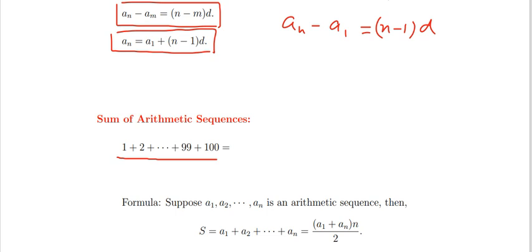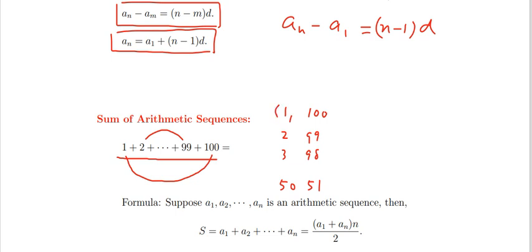Here we can find that 1 plus 100 is 101, and 2 plus 99 is 101. So we put two numbers together, 1 and 100, 2 and 99, just like that, 3 and 98, going down to 50 and 51, right?